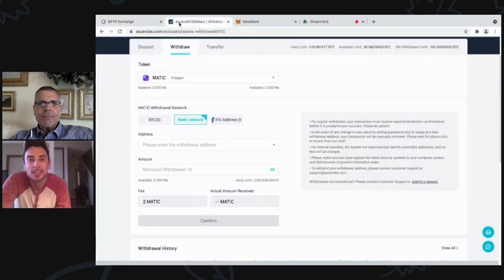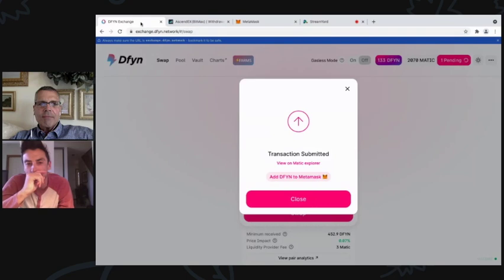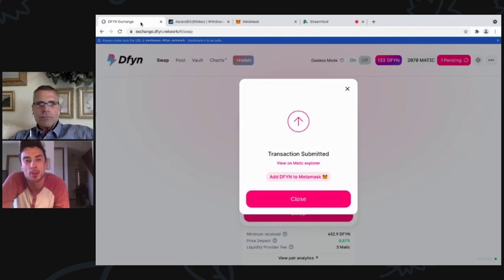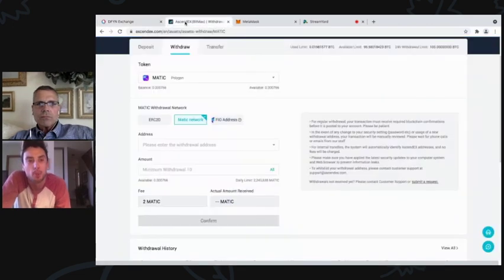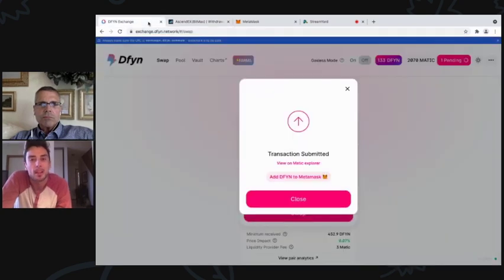I can't think of anything else that I want to highlight other than always double check everything, guys. Take your time, make sure that everything is properly on the Matic network, that is highlighted. Addresses are on the Matic Explorer, not the ETH Explorer.